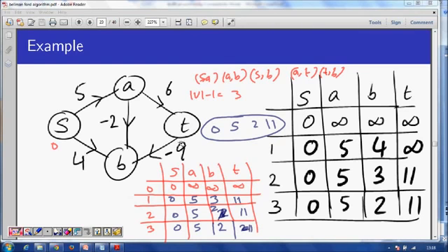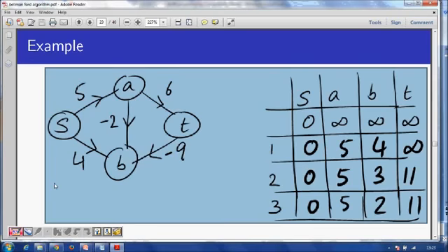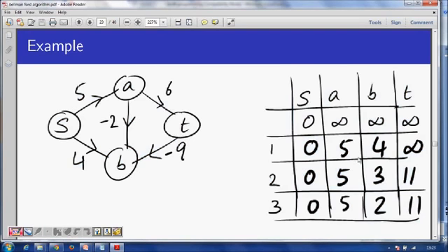Even though there were some negative weights, you see that from S we go 5 plus 6, 11 minus 9, so this 3-hop length is the shortest path. So this is how you run the Bellman-Ford algorithm.